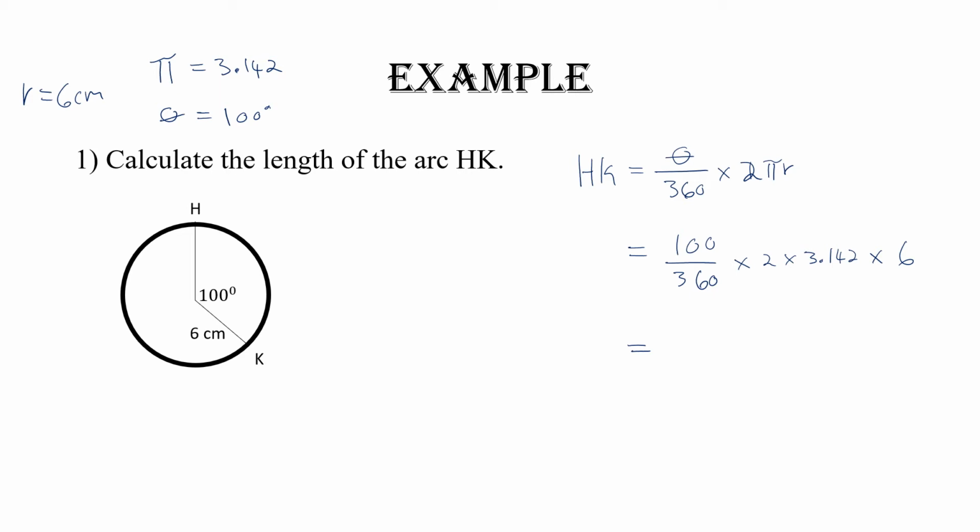And according to my calculator, I am getting a length of 10.5 cm. So this will be the length of HK, H all the way to K. I wish I could have made that line smoother, but that's the length of that piece.